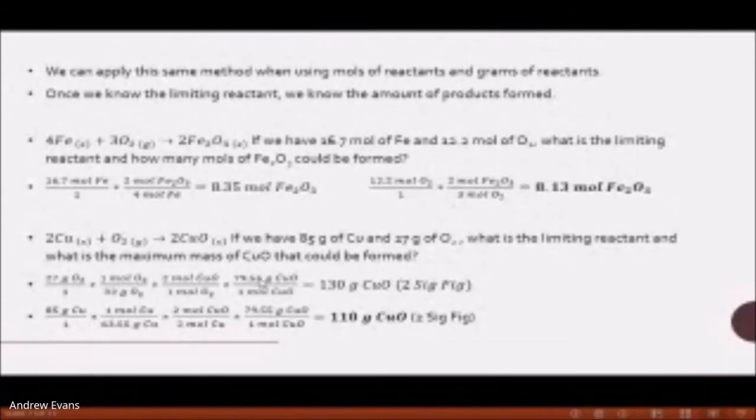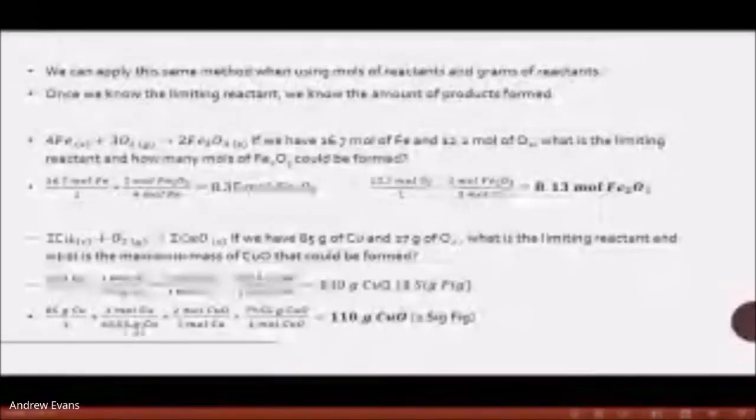So 27 oxygen is responsible for about 130 grams of copper oxide. However, 85 grams divided by 63.55. There's a 2-to-2 ratio.